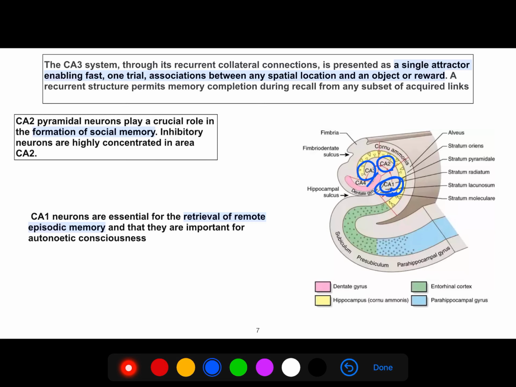Through its recurrent collateral connections, it's a single attractor enabling fast one-trial association between any spatial location and an object or reward. Of course, the reward mechanism is in striatum, which is in basal ganglia, but it just indexes what should go into striatum.